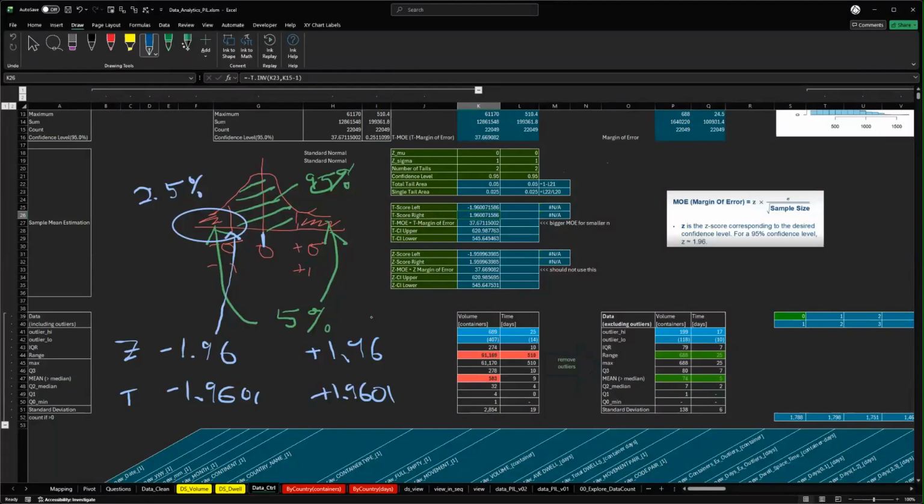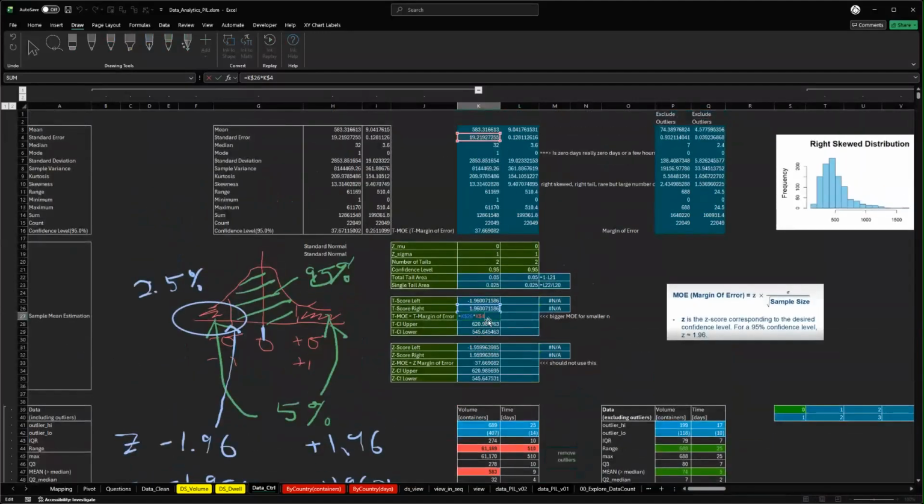And because of that, we will see a different result. For the t-score, same thing, we take that t-score, 1.96007, times the standard error, and we get 37.67115002.